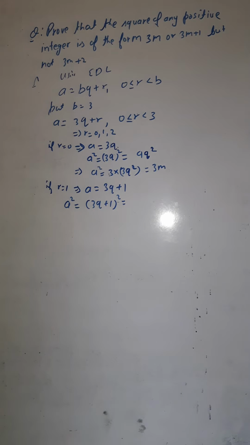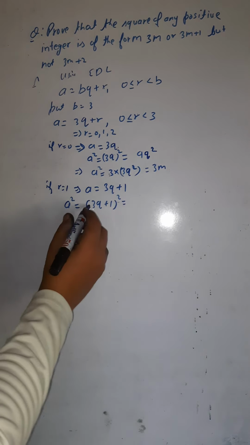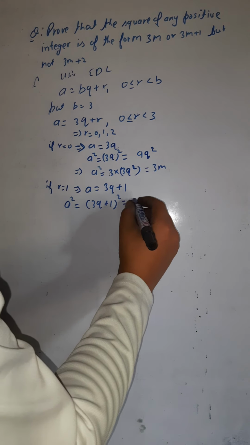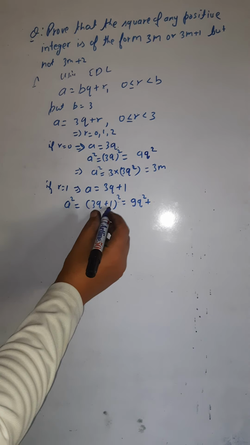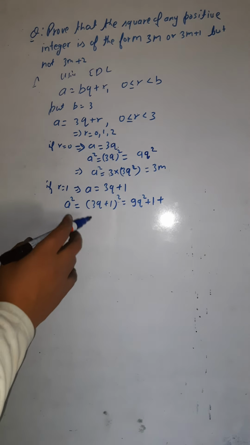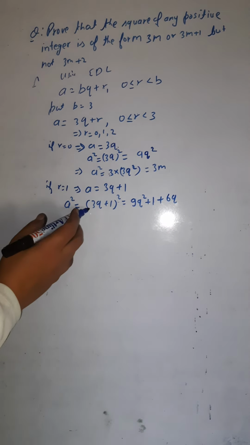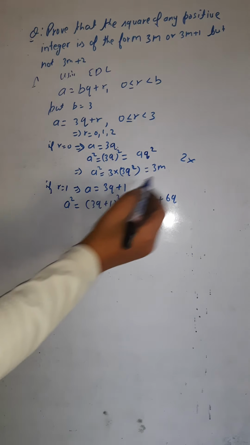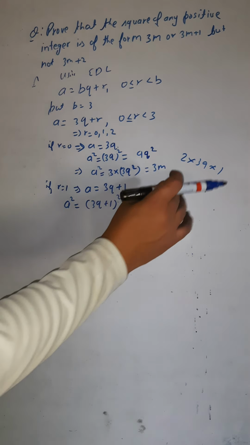Are you getting this? Just open it: a square plus b square plus 2ab. So it would be a square, means square of 3 is 9q square, plus b square, that is 1, square of 1 is 1, plus 2ab. Are you getting 2ab? 2 multiply a multiply b. 2 times 3 is 6, times 1 is just 6q.